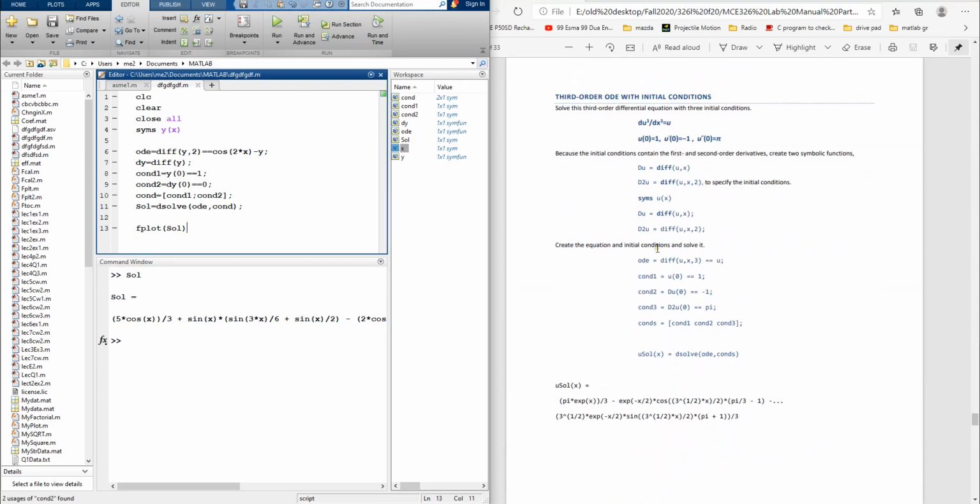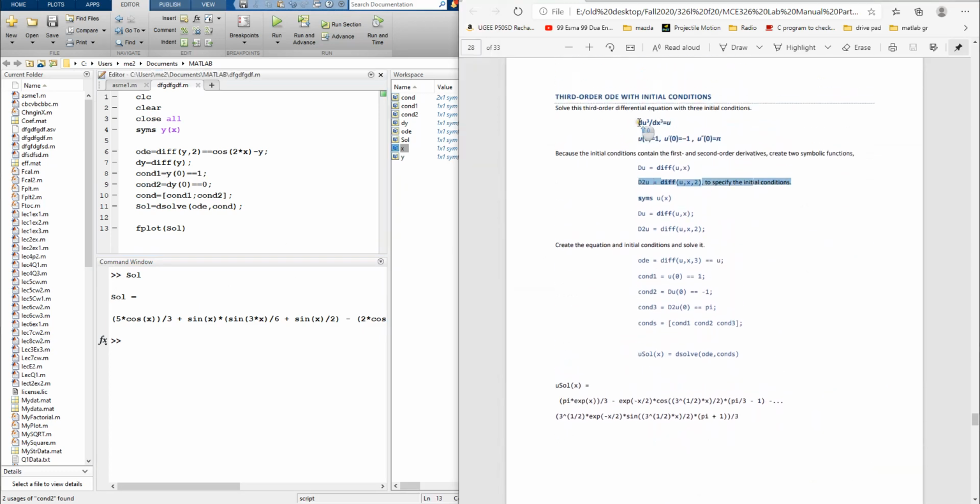Now the third order. As you see in this example, d^3u divided by dx^3 equals u. That means the third order derivative of y versus x equals u. Because it is a third order equation, we should have 3 constants in the solution. To solve for these constants, we need 3 initial conditions. They are given.